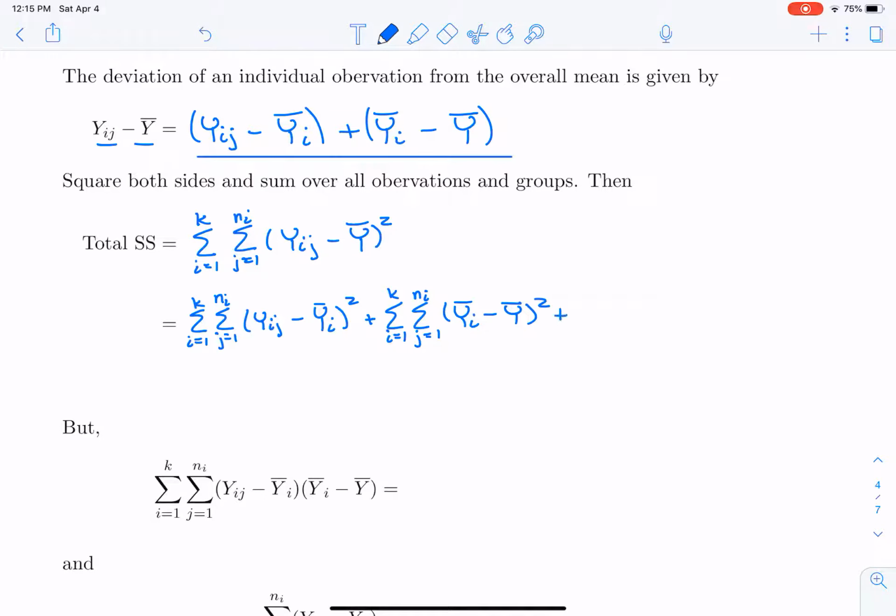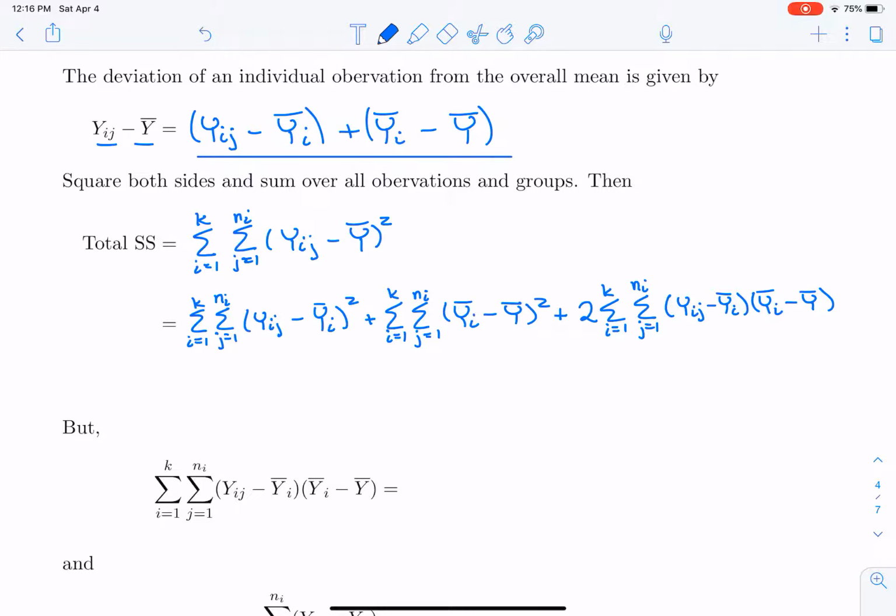And then when I square these 2 terms, I'm going to have these cross terms, 2 sum from i equals 1 to k, sum from j equals 1 to n sub i of y sub ij minus y sub i bar times y sub i bar minus y bar.